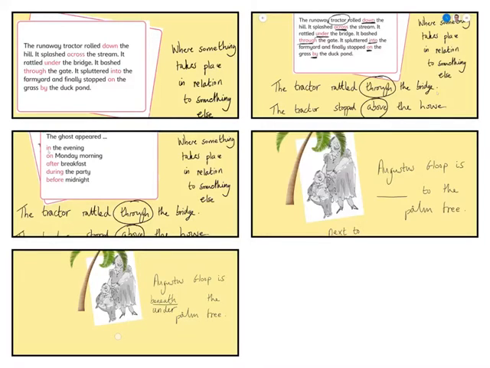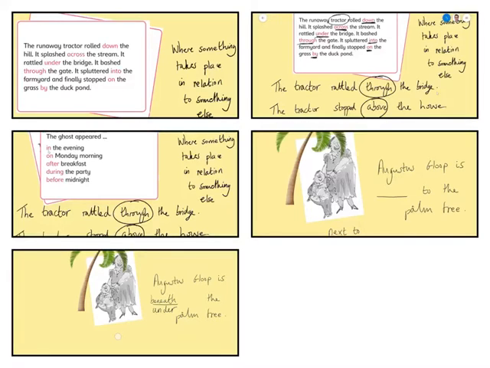That's the real definition of prepositions. So have a look at this. The runaway tractor rolled down the hill. Okay? It tells us how the tractor moved down the hill. It didn't roll above the hill or in the hill or over the hill. It rolled down the hill. We can imagine now how that's taking place.